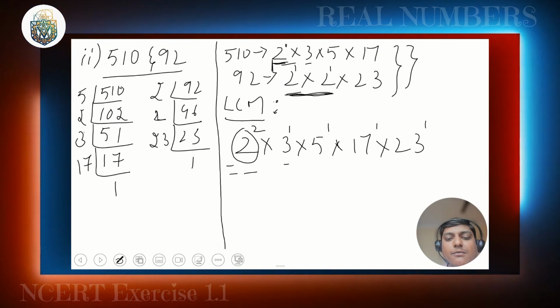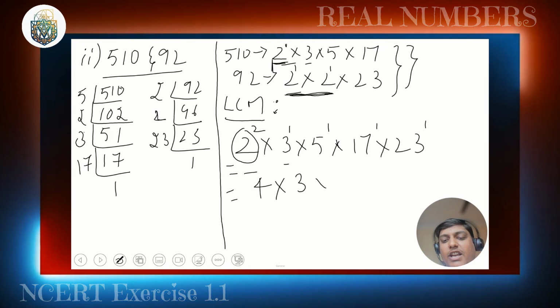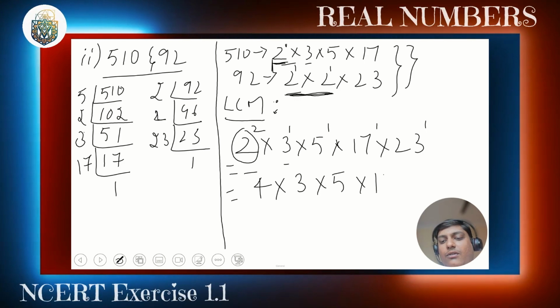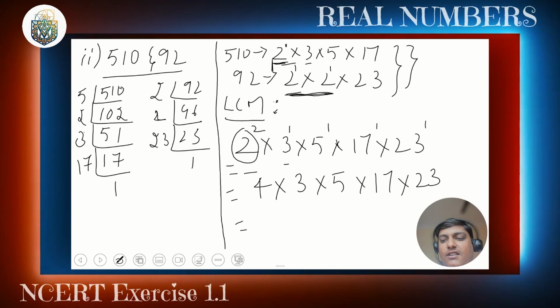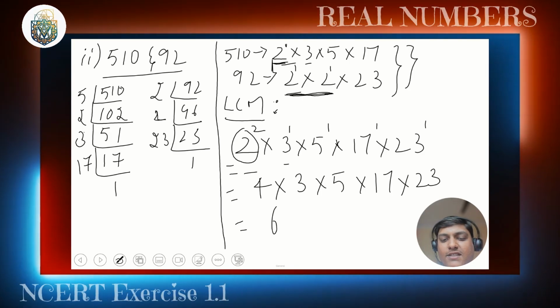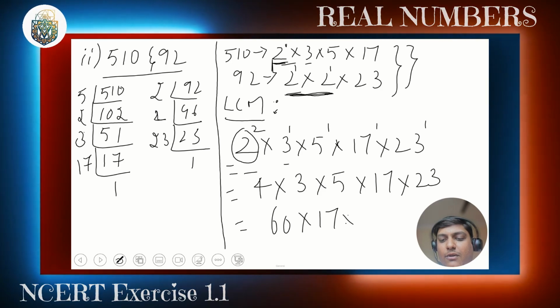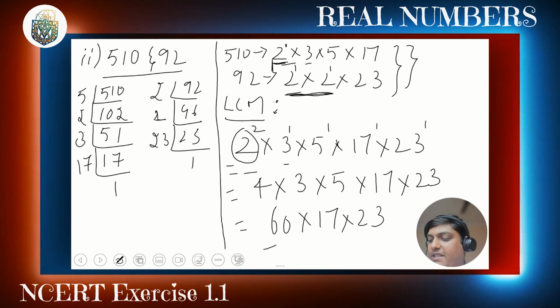So my LCM would be the product of this. So it will be 4 into 3 into 5 into 17 into 23. So if I check this, what is the answer? Please check. So basically it is 12, 5 is 60. So 60 into 17 into 23. So what is the LCM? Could you please give me the answer?